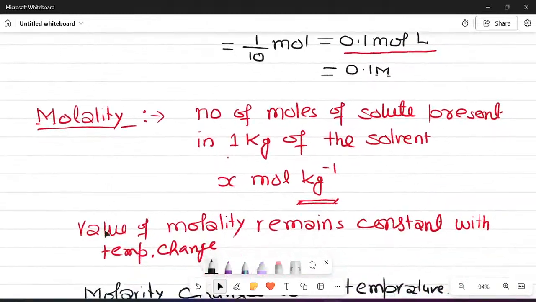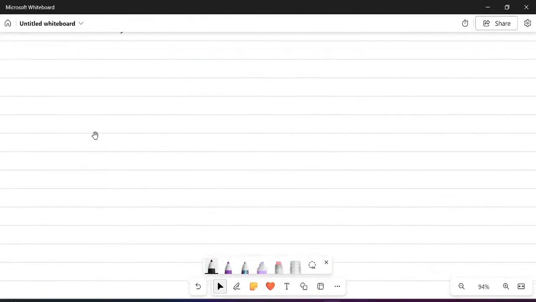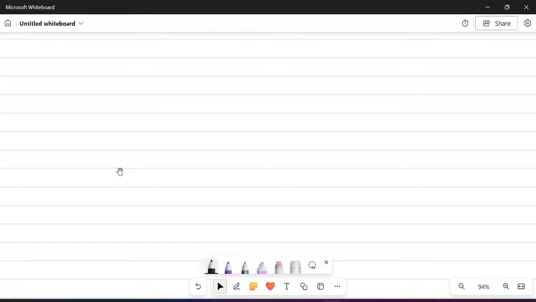Before doing some problems, let us learn mole fraction. What is mole fraction? Let us learn the definition of mole fraction. The word fraction means division.